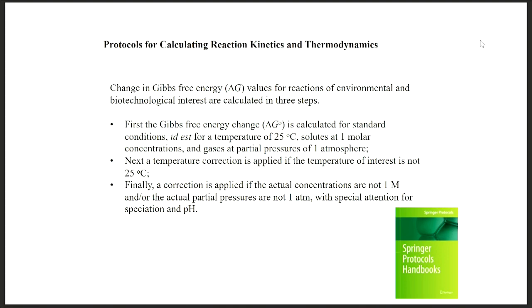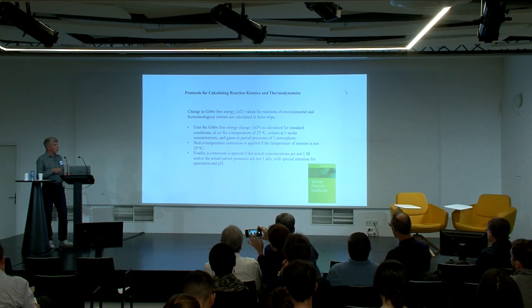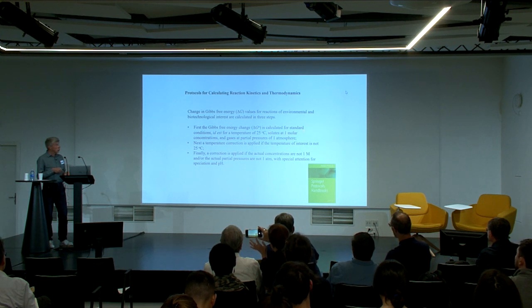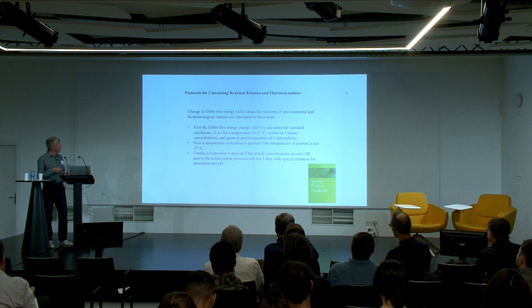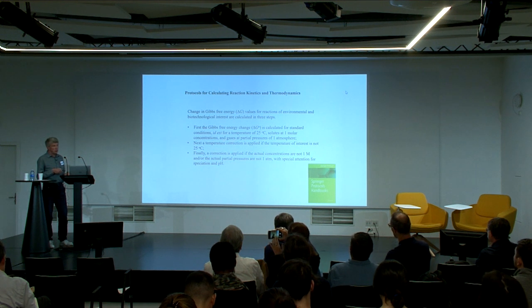First is to calculate the delta G value under standard conditions. That means 25 degrees and solutes at 1 molar concentration. And if you use gases, then the partial pressure is 1 atmosphere. So that's your standard conditions.